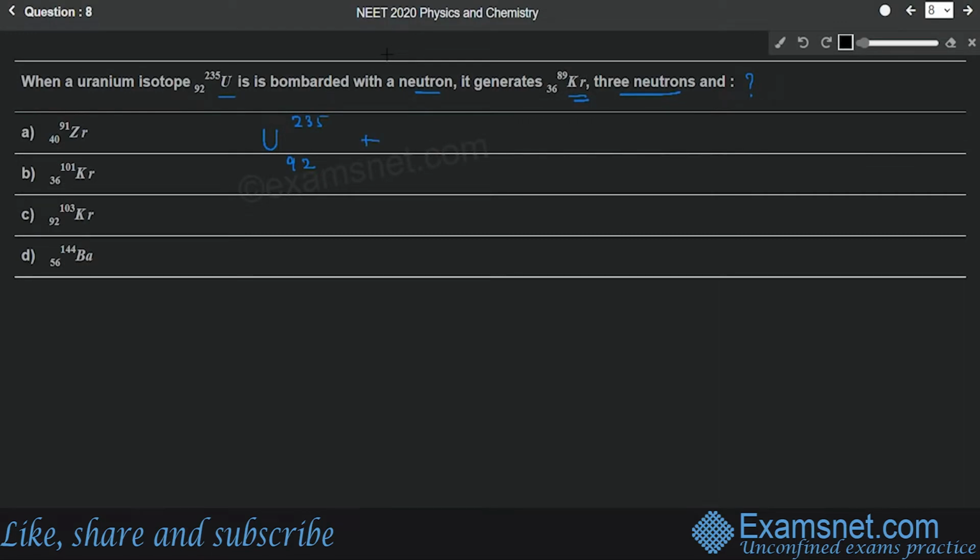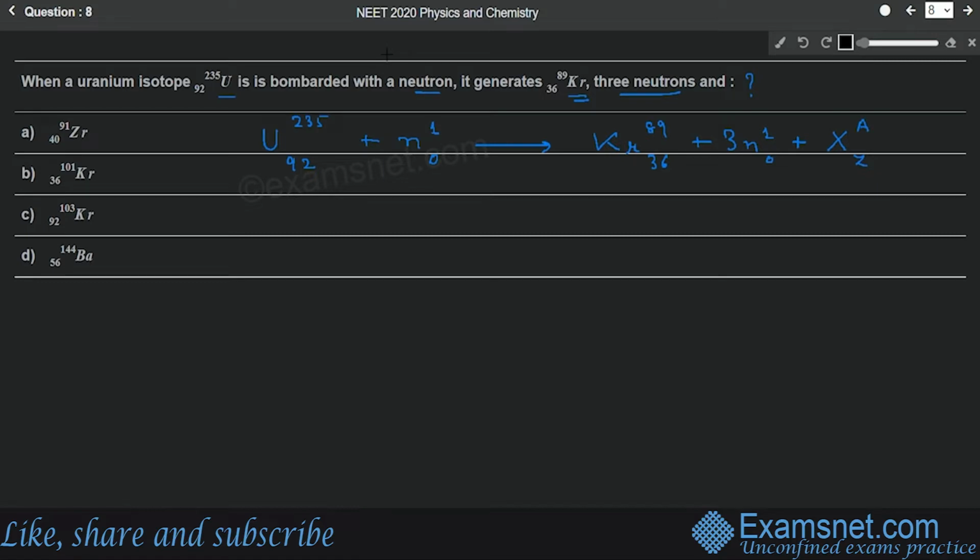It is bombarded with a neutron, so its atomic number will be 0 and mass number will be 1. What are the products obtained? The first product is krypton with atomic number 36 and mass number 89. Then 3 neutrons are obtained, again 0 and 1, and one more element, say element X. Suppose this element X has atomic number Z and mass number A.